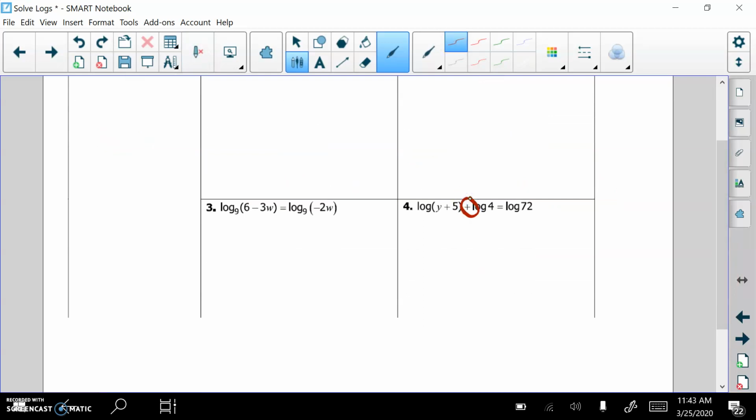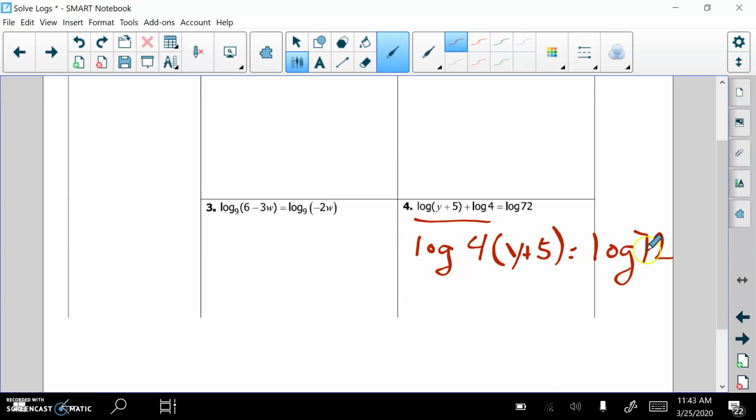Plus is times. So we're condensing these two log statements into one. And so log of y plus 5 plus log of 4 means log of 4 times y plus 5 equals log 72.